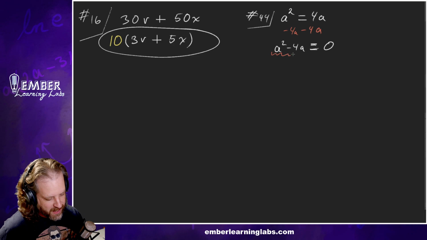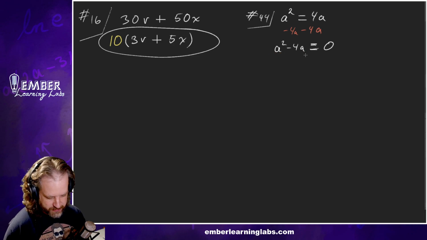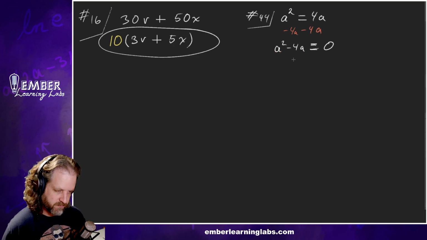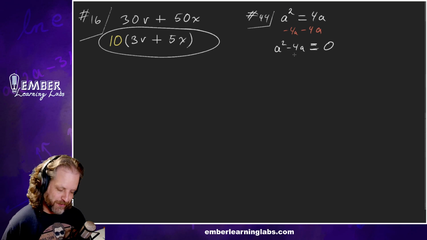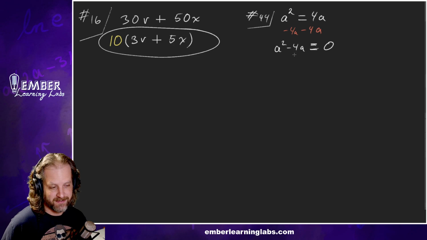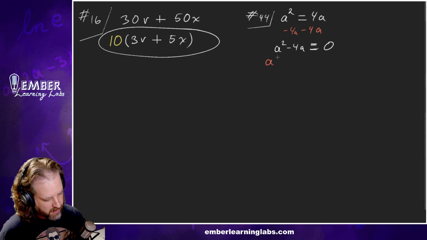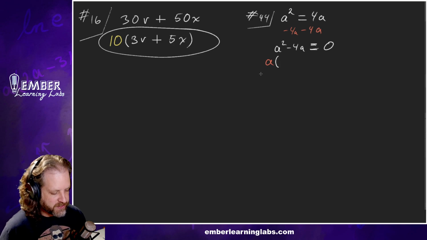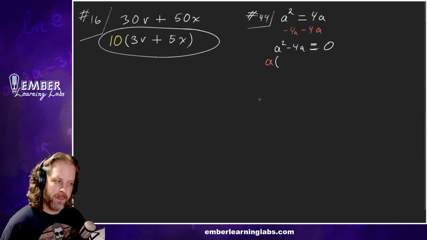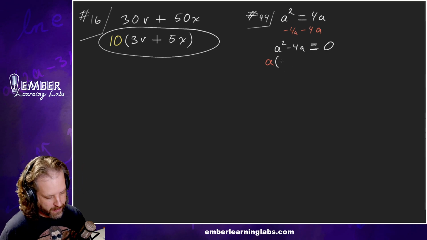Is there anything in common between these two terms? Yeah, true. One is always in common. What else? A. So let's factor an A out. When I factor an A out of A squared, what's left? A to the first, all true.